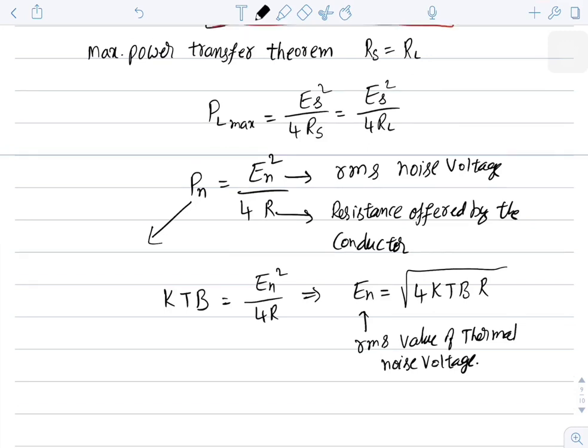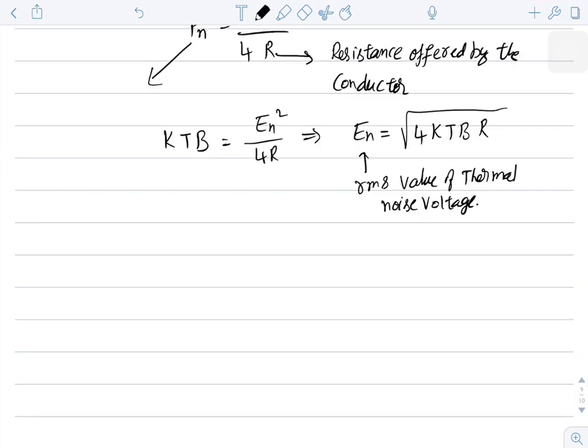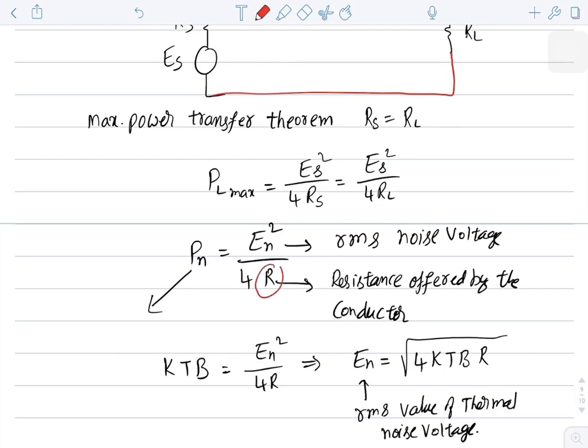In order to represent this RMS value and resistance within the circuit, I can use either Thevenin's theorem or Norton's theorem. These equations say that if we have a conductor whose resistance is R, then it will generate a thermal noise voltage equal to En.